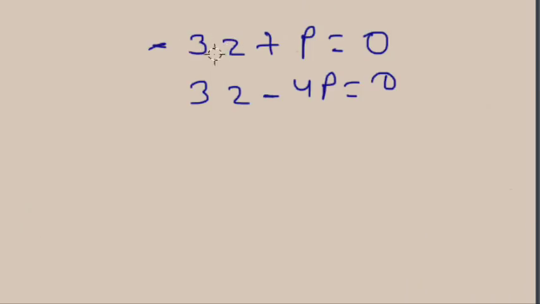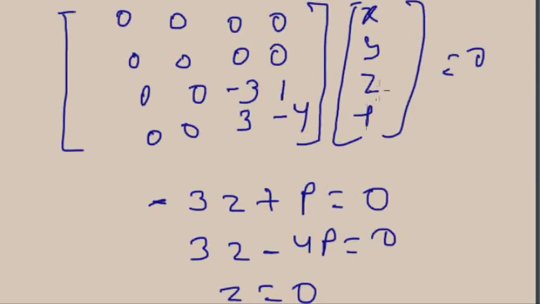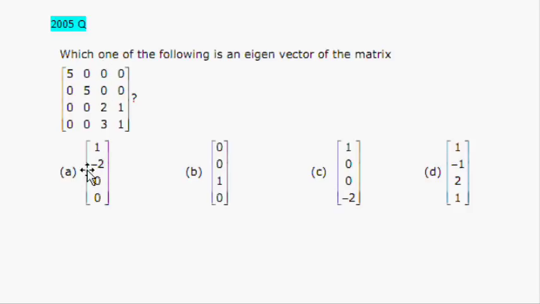Adding these two equations, I get z equal to 0, and since z is 0, p is also 0. So the last two elements are always 0, and x, y can be anything. Let's check which eigenvector follows this: the last two values are 0 and the upper two can be anything. So A is the correct answer.